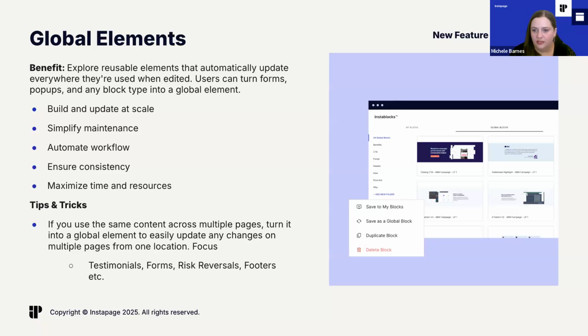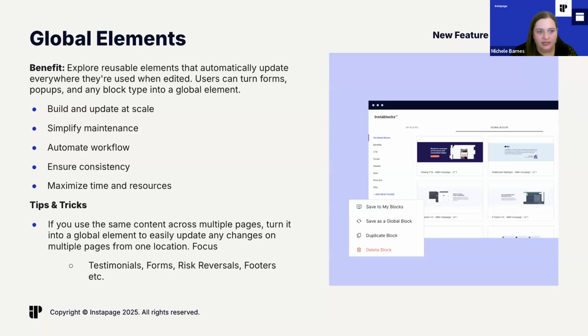Now you can update it in one global element, push that across multiple pages, different forms as well. So if you have a form that you're using across multiple pages, but maybe you need to update to add a new field or remove a field instead of having to go into multiple forms to update that, again, updating it in one place and pushing it through to multiple places.